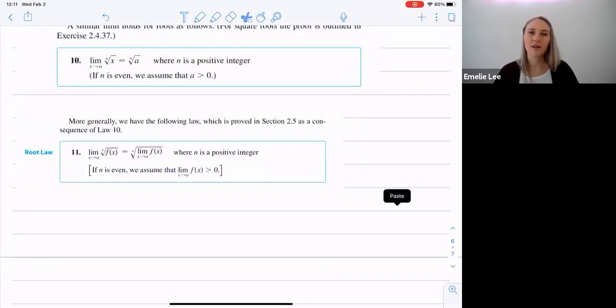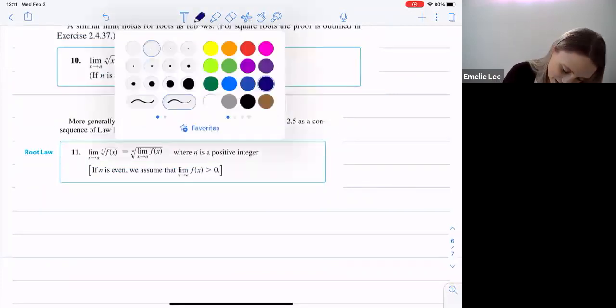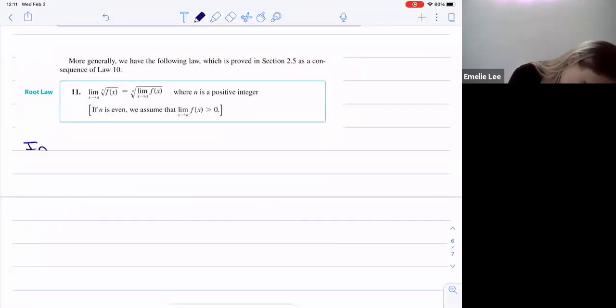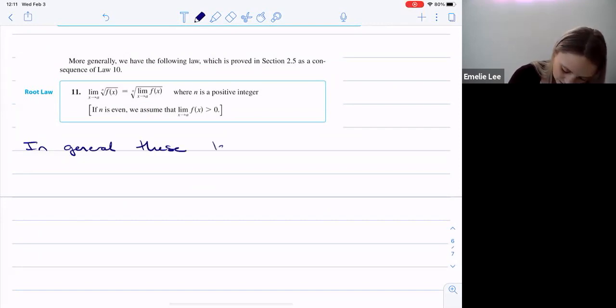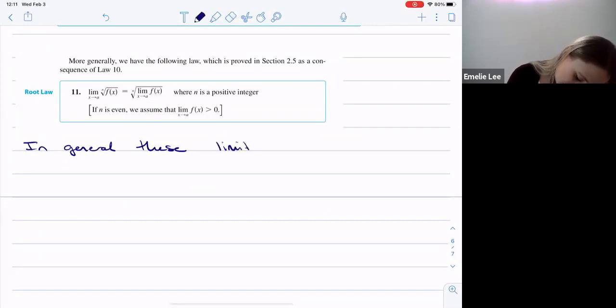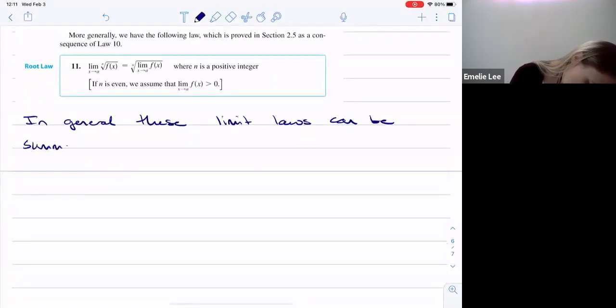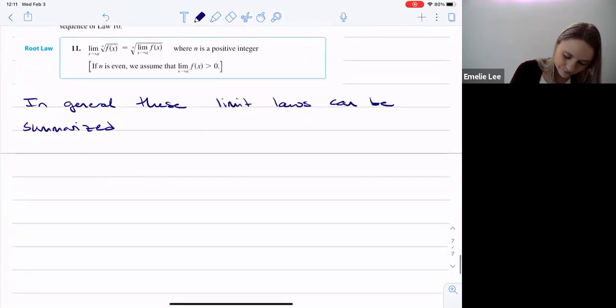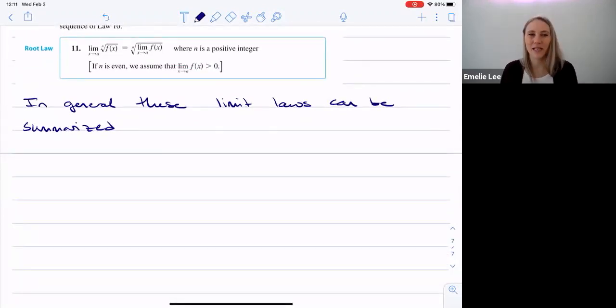Okay, so we talked about all these, right? But in general, these limit laws can be summarized by saying that the limit can kind of float onto the functions, right?